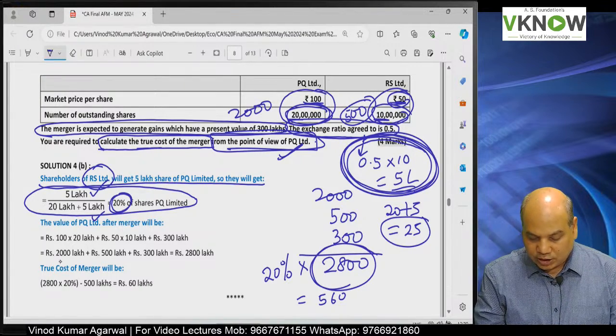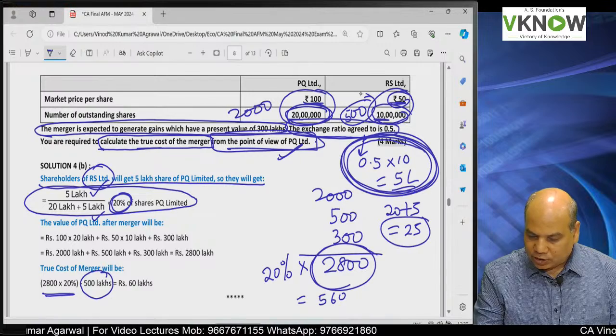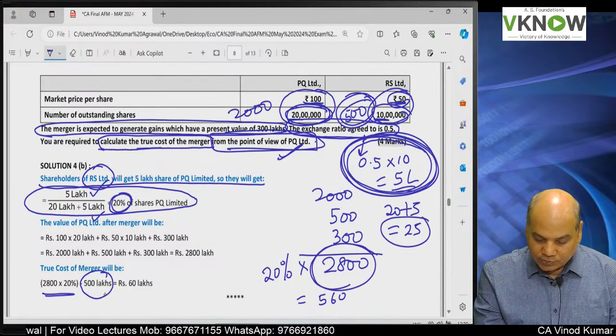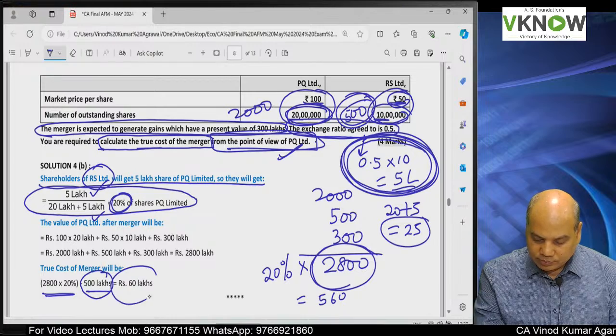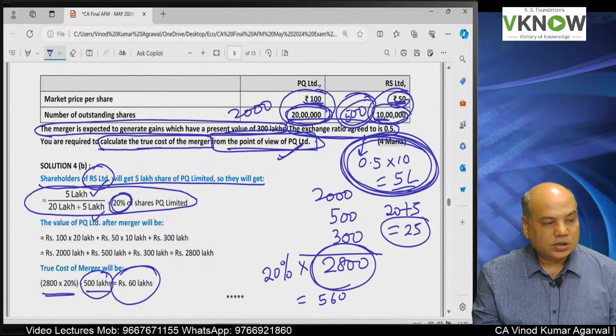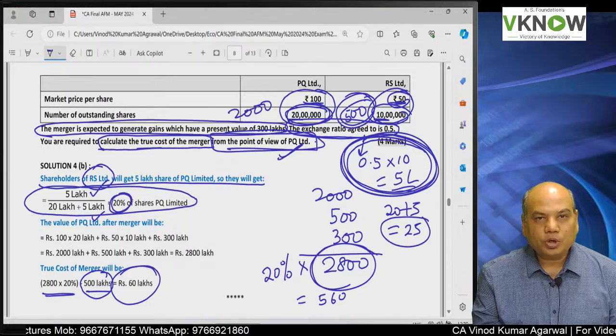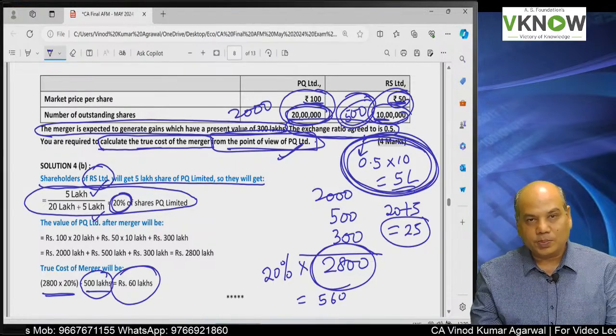And what is the standalone value of the target company? The standalone value of the target company is 500 only. So 560 minus 500, the difference, 60 lakh, is the true cost of acquisition from the point of view of acquirer company PQ Limited.